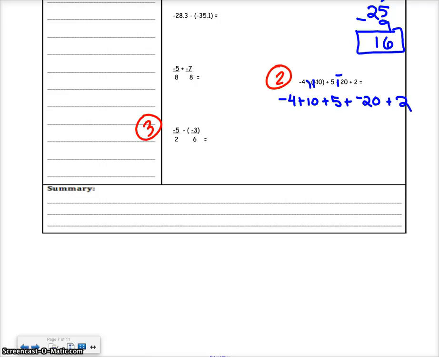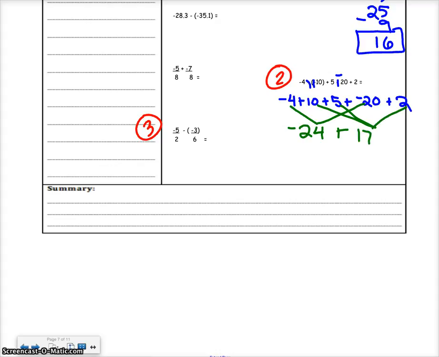I'm going to group my positives together or my negatives. I usually group together first, whatever sign is given to me first. So I have 4 negatives and 20 negatives is how many negatives? Thank you, negative 24. Plus 10, 15, 17 positives.